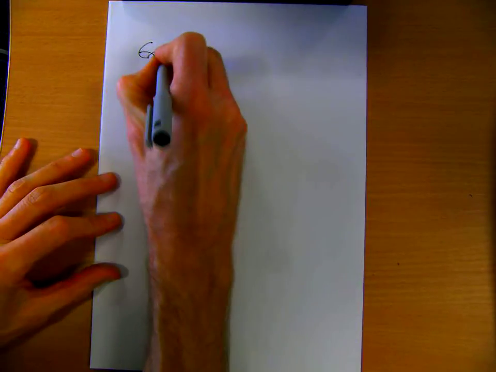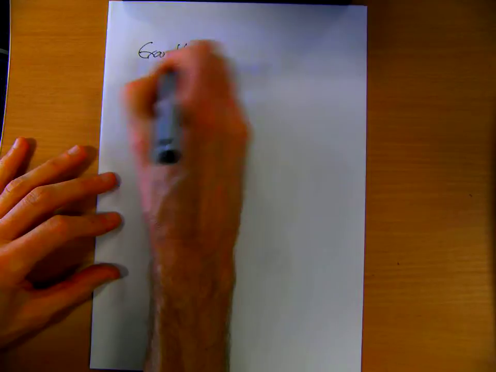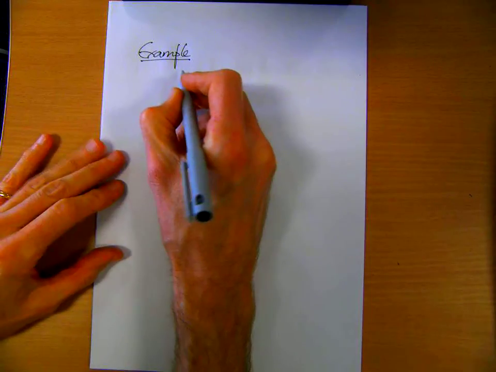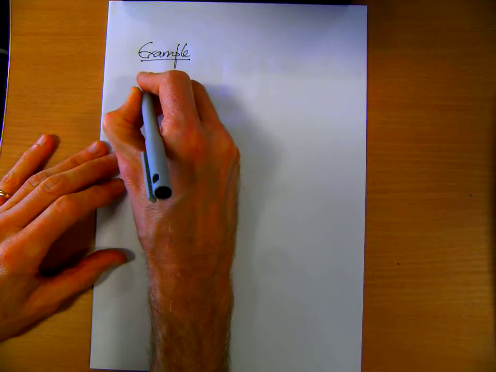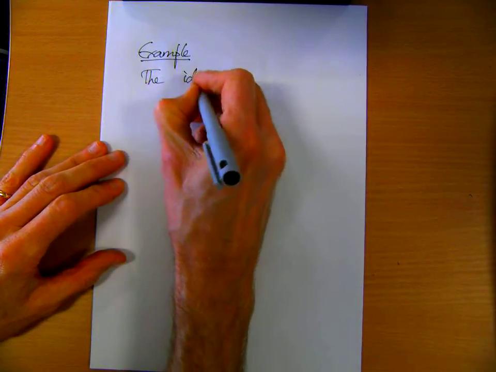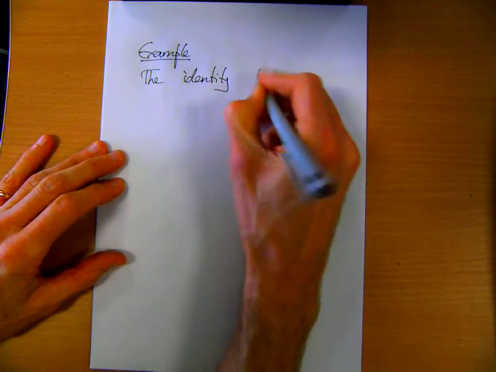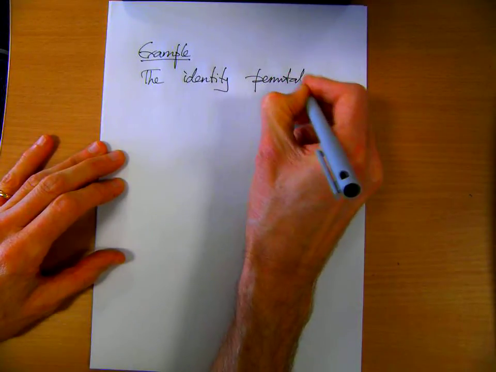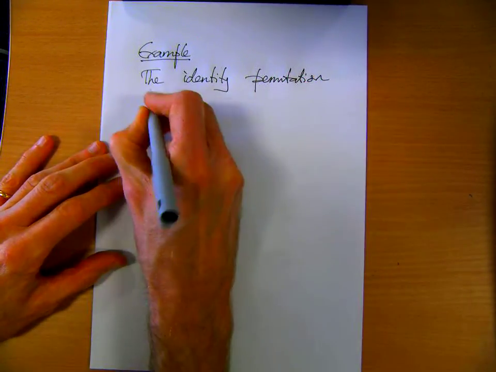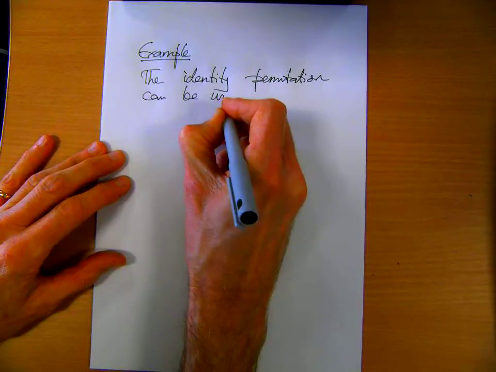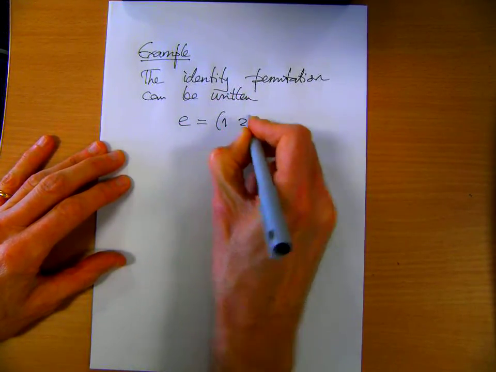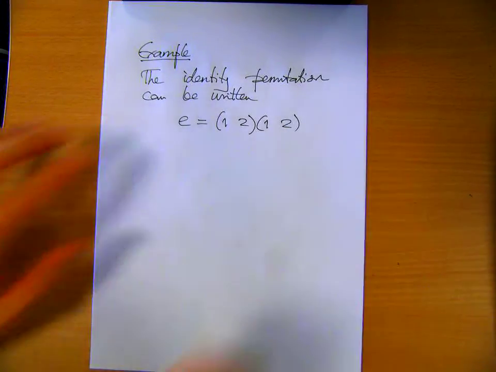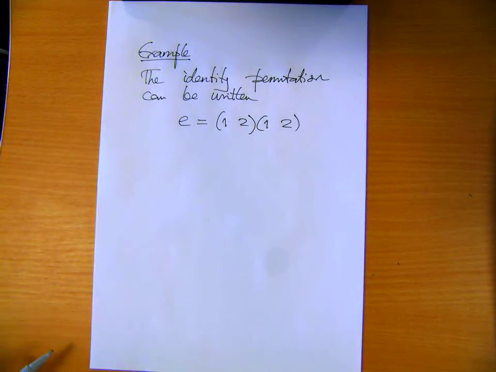So let's just have another example, which I've already referred to. If we take the identity permutation, how do we write that as a product of transpositions? Well, for instance, we can just do it as (1 2) times (1 2).